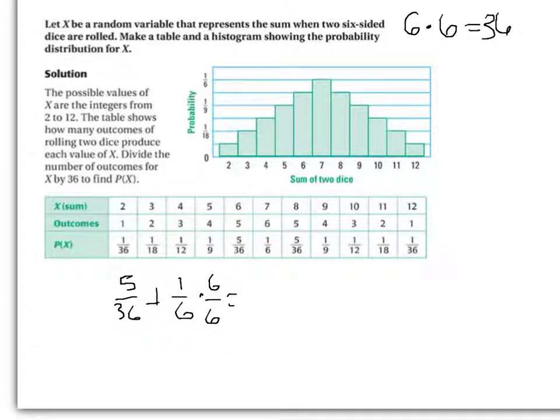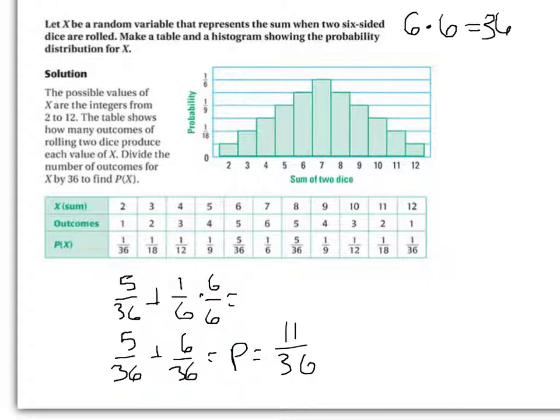So we can change that to 5 over 36 plus 6 over 36. So you'd have a probability of 11 over 36. Okay? But we need to see how we're creating these histograms here.